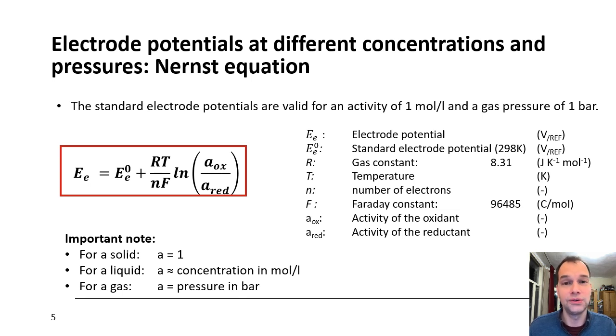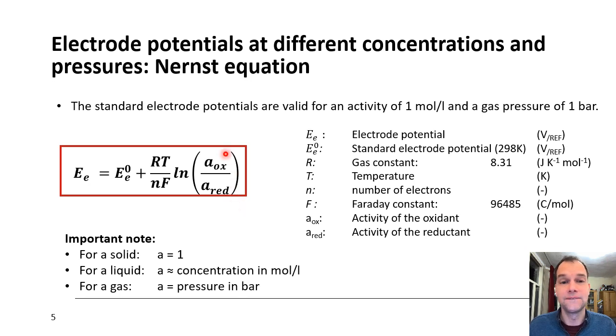For that, we can use the Nernst equation, which you have probably seen before in your career as a student. The equation basically shows how the electrode potential depends on the standard electrode potential and a term that depends on the activity of the oxidant and the reductant.